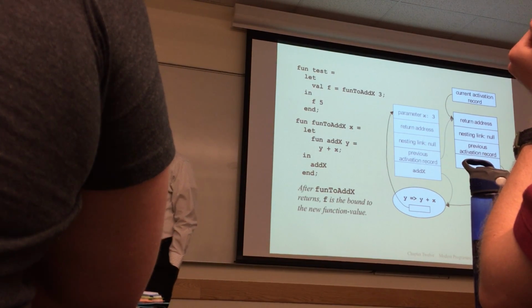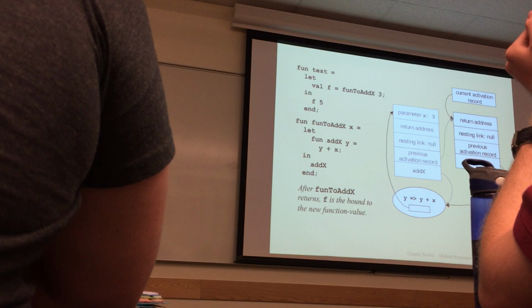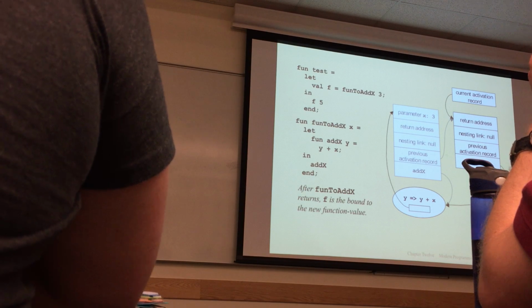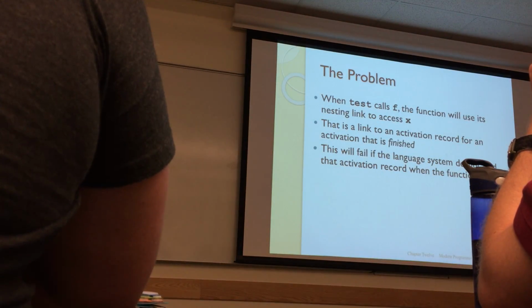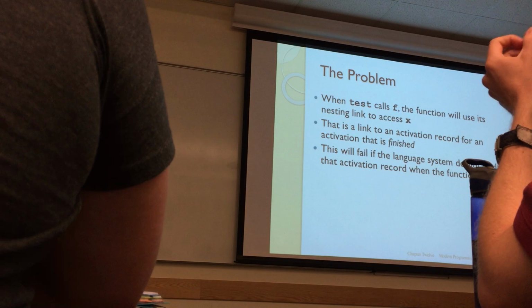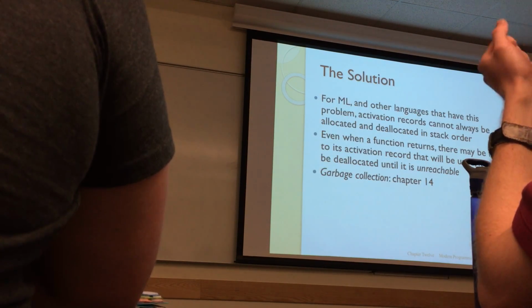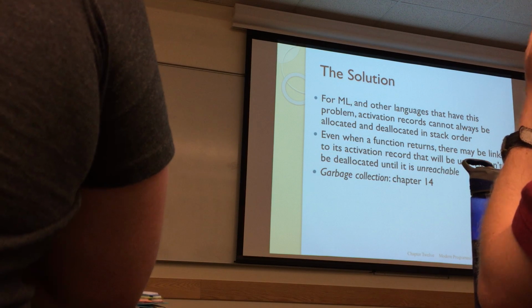It should be. Okay, all right, so that's the story. The problem is the activation is finished, and the solution is, of course, to hold on to it, and that leads to garbage collection. So we're going to talk about that.